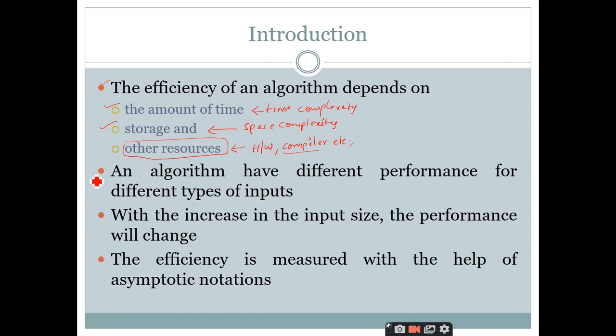So an algorithm has different performance for different types of inputs. That is what we have known, right? For example, take the case of bubble sort. If I give the input size as 10, that means I want this bubble sort to sort 10 elements. Assume that it takes 10 milliseconds or 10 units of time.